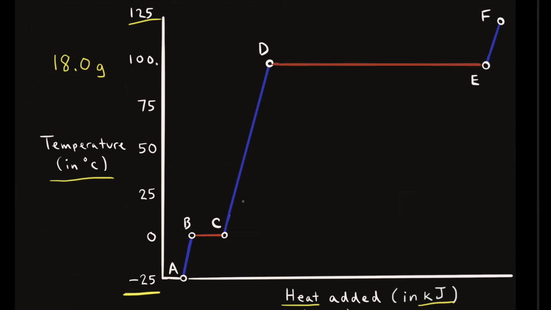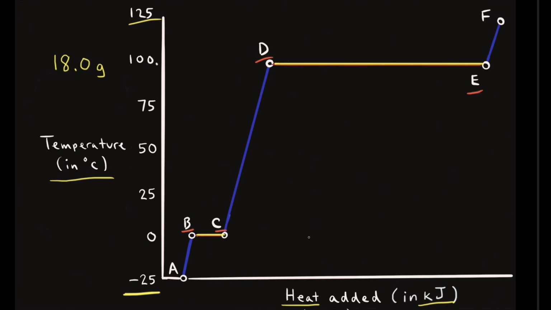Next, let's think about the slopes of the different lines on our heating curve. So let's look at the line going from B to C, and also the line going from point D to point E. Both of these lines represent phase changes. Going from point B to point C was going from a solid to a liquid, and going from point D to E was going from a liquid to a gas.